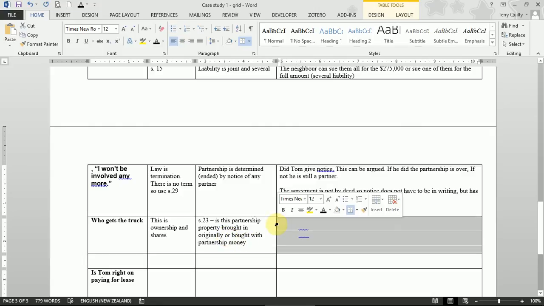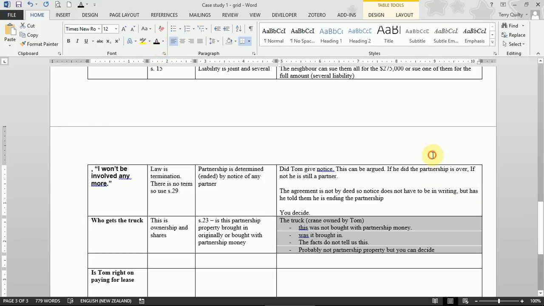Now, again, just to make the point that the truck they bought with a loan would definitely be partnership property, but the truck that Tom's referring to is his truck with a crane. So that truck, crane owned by Tom, was not bought with partnership money. Was it brought in? The facts don't tell us this, but it's unlikely. So it's probably not partnership property, but again, you could decide, you might assume they agreed this at the time, therefore it was partnership property.